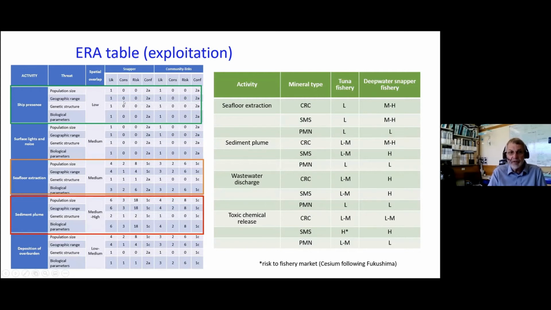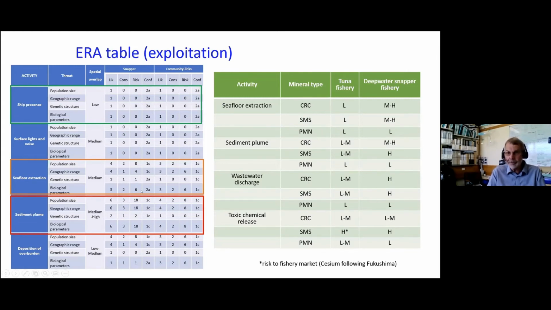Ship presence didn't have much of an impact, but when you look at the sediment plume that was stressed in a few talks, both on day 1 and day 2, some of these scores are quite high, higher in fact than seafloor extraction, which is a much more limited operation on the seamounts, which would be exploited for cobalt-rich crust or seafloor massive sulfides.